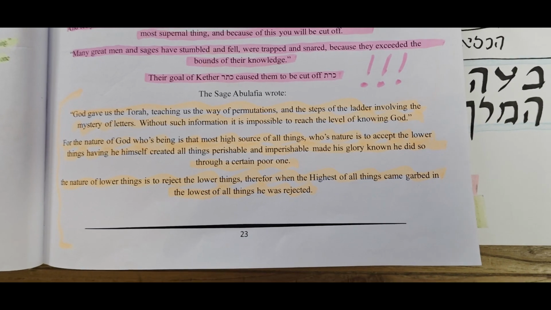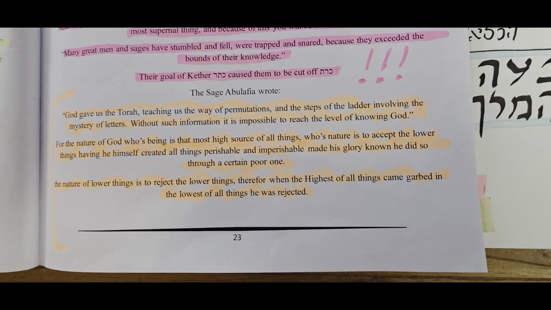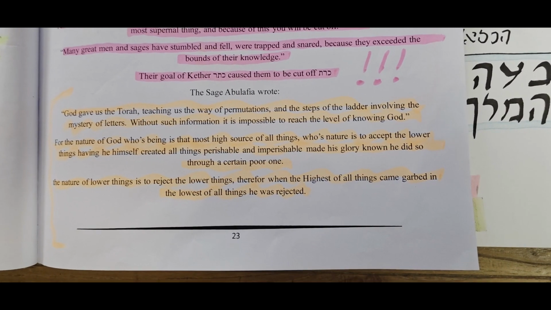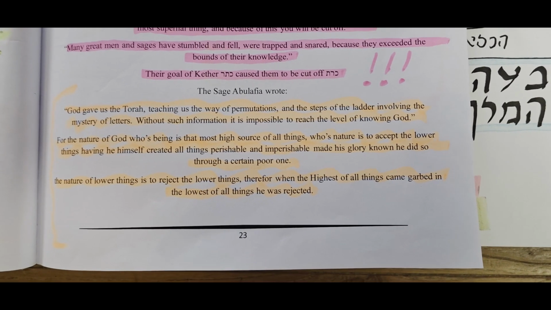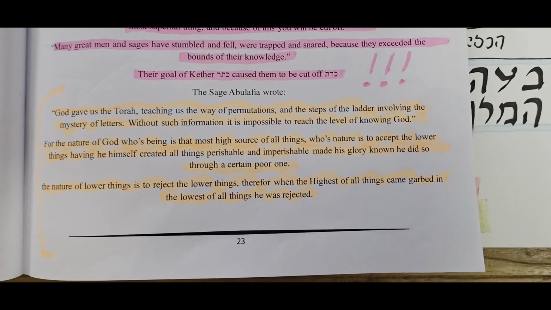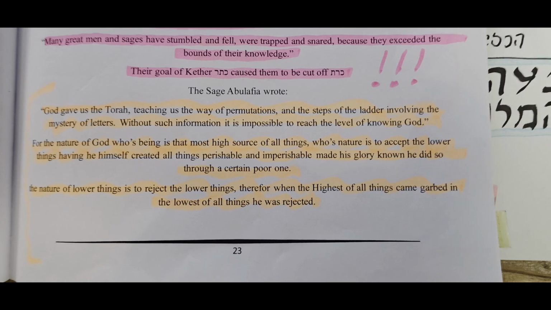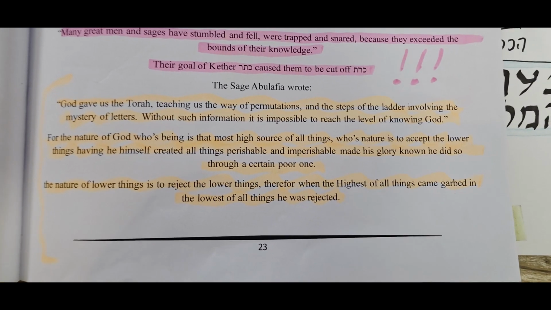Without such information, it is impossible to reach a level of knowing God. For the nature of God, whose being is that most high source of all things, whose nature is to accept the lower things, having he himself created all things perishable and imperishable, made his glory known, he did so through a certain poor one, the Dalet, the Nukva, the Shekhinah, equaling Mashiach. I won't say too much.